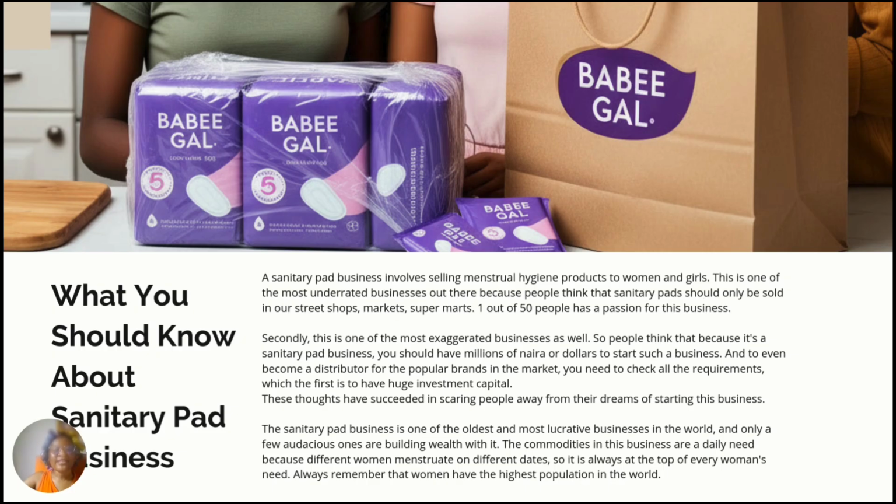This is one of the underrated businesses out there because people think that sanitary pads should only be sold in street shops, markets, supermarkets. One out of 50 people has a passion for this. You barely see someone say, oh, I want to start a sanitary pad business. So this is a business that people do not really care about.